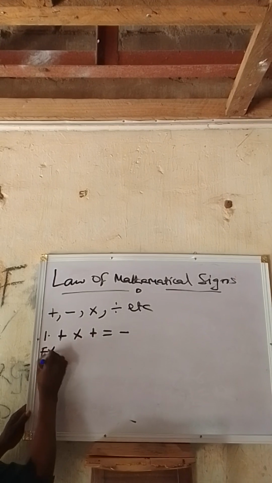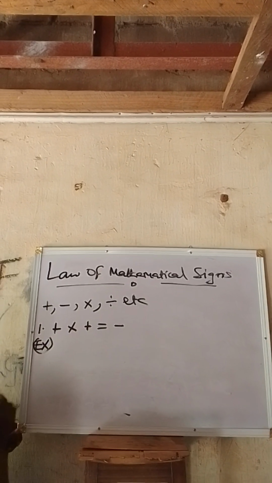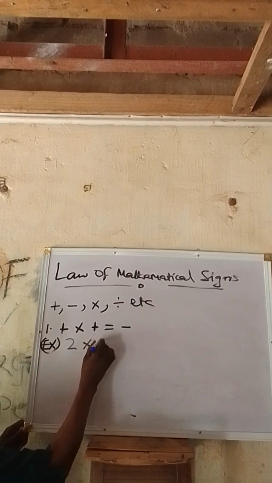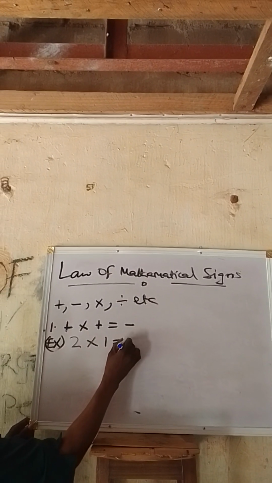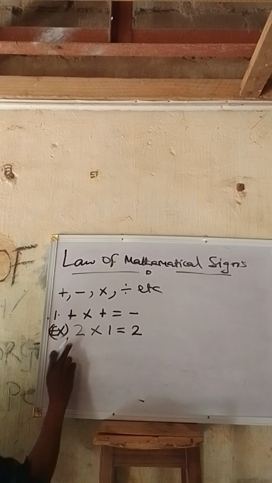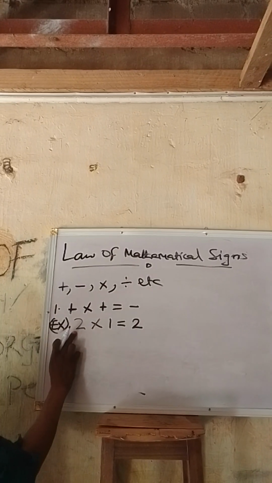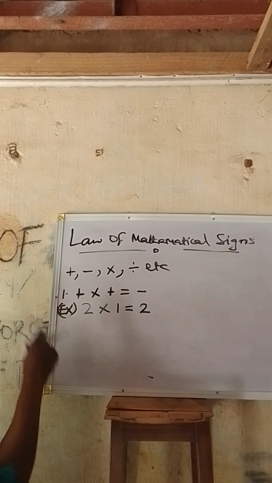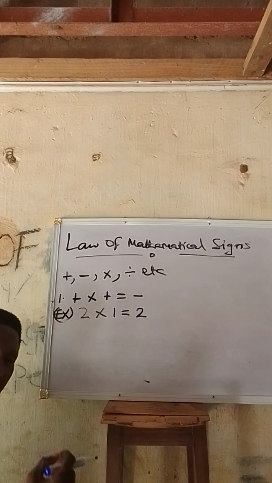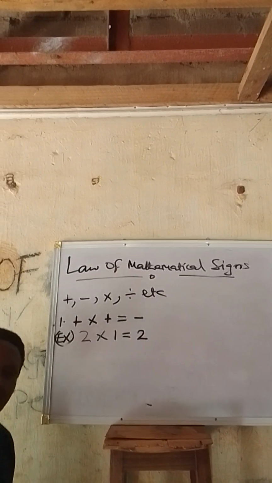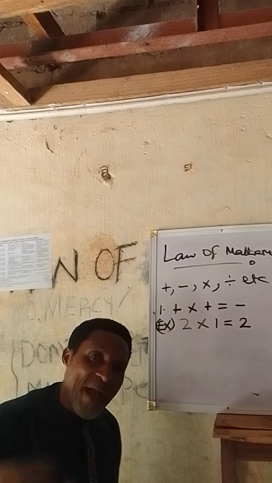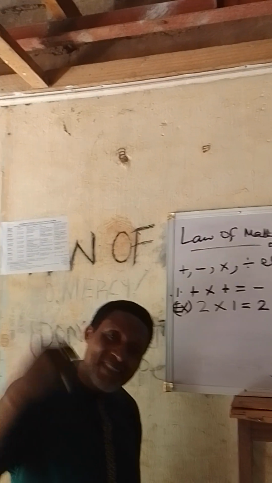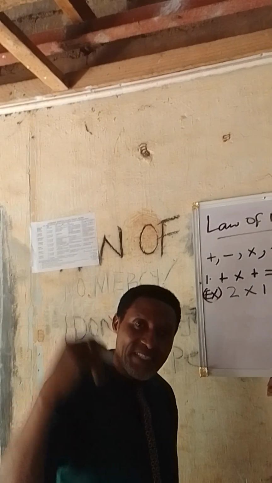Example: plus 2 times plus 1 is equals to plus 2. This 2 is carrying a positive sign and this 1 is carrying a positive sign. The sign that precedes a number is the sign that number is carrying.